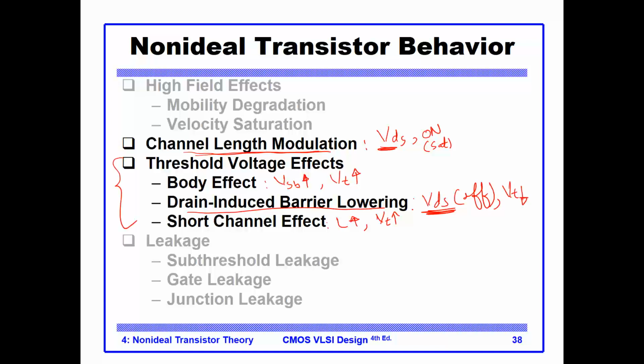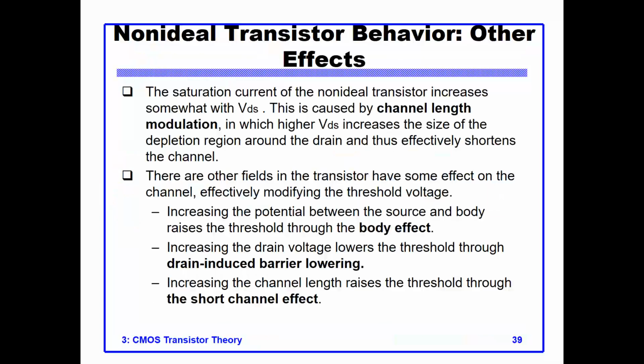These last three impact the VT, the threshold of the transistor. But notice channel length modulation and drain-induced barrier lowering are caused by VDS, one when the device is in saturation, and one when the device is off.